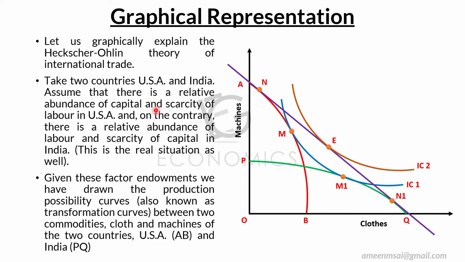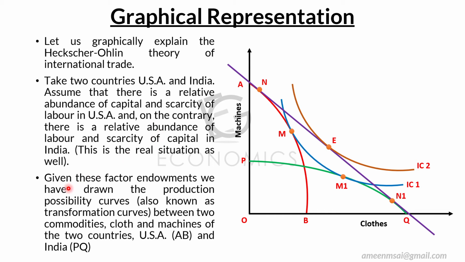So the US is a capital abundant country and labor is very less. On the other hand, there is a relative abundance of labor and scarcity of capital in India. So India is a labor abundant country and capital is scarce. Of course, this is the real situation.